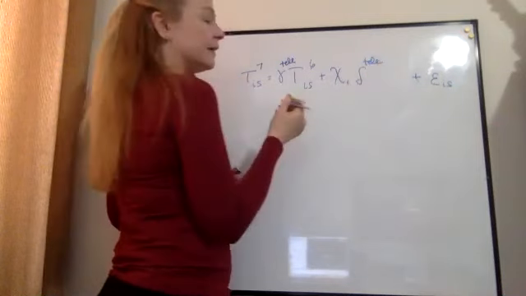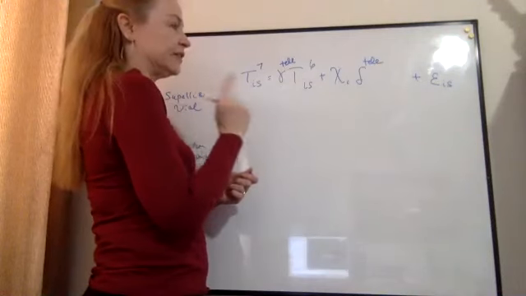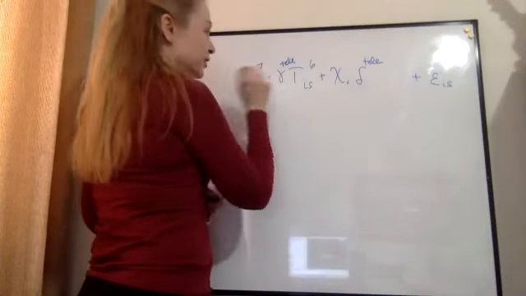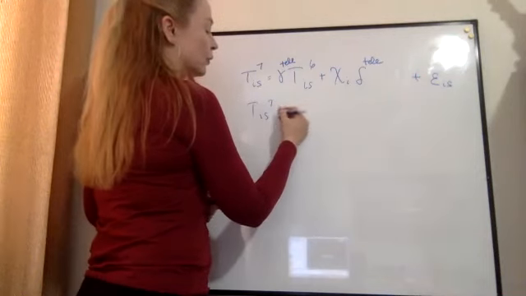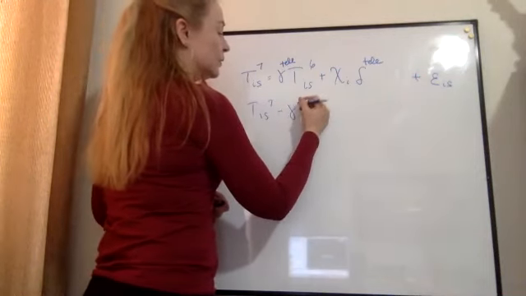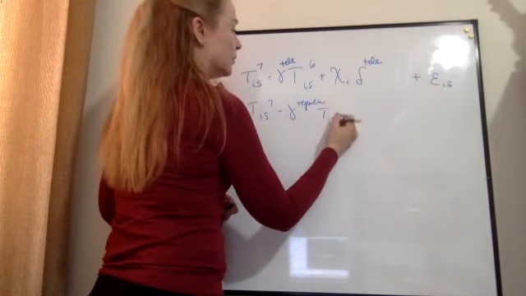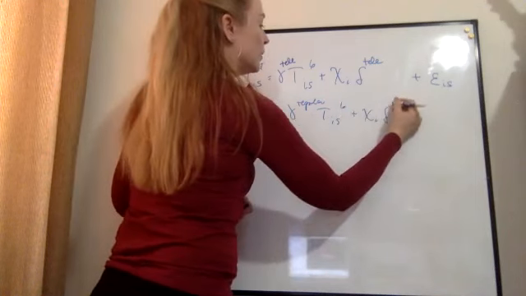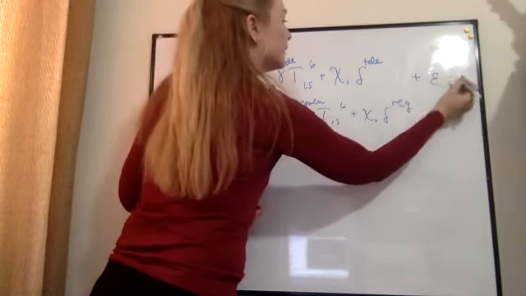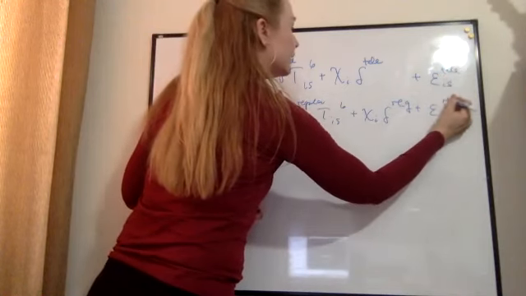I think I said sector 1 is tele and sector 0 is regular school. So you're going to have a whole separate equation for each type of school. This is regular, and this is tele, and then you've got regular.